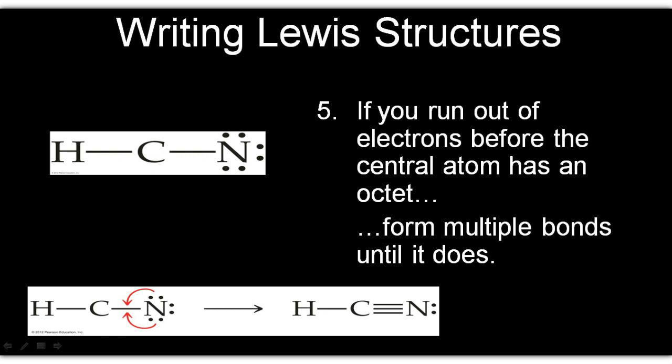Well, in that case, we can share electrons, showing that nitrogen is giving some of those unbonded pairs of electrons to carbon to fill carbon's octet. So now carbon has 2 from the hydrogen bond, and then 2 from each of the nitrogen bonds. So it is holding on to 8 electrons. And in this case, nitrogen is holding on to 8 electrons as well. So again, they're sharing them.